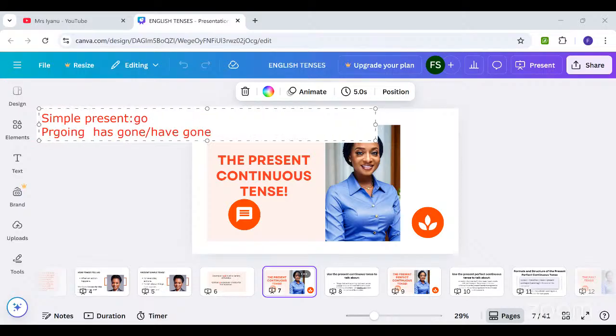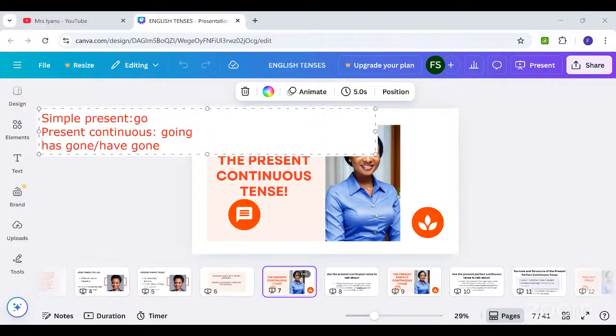The present continuous, excuse me, example is going. Now the present perfect. So go will change to has gone or have gone.